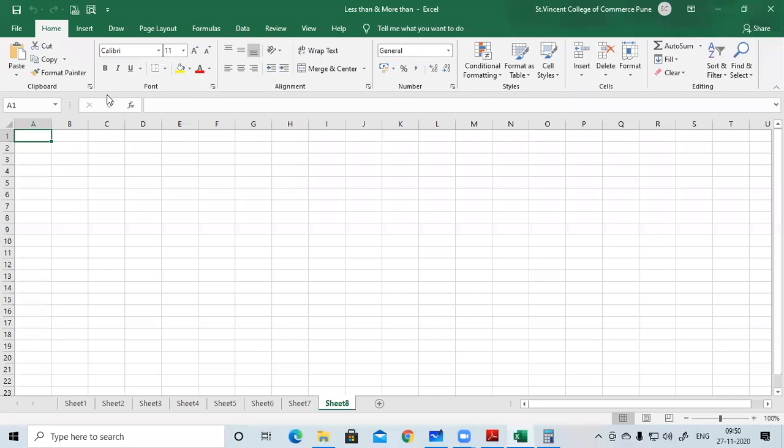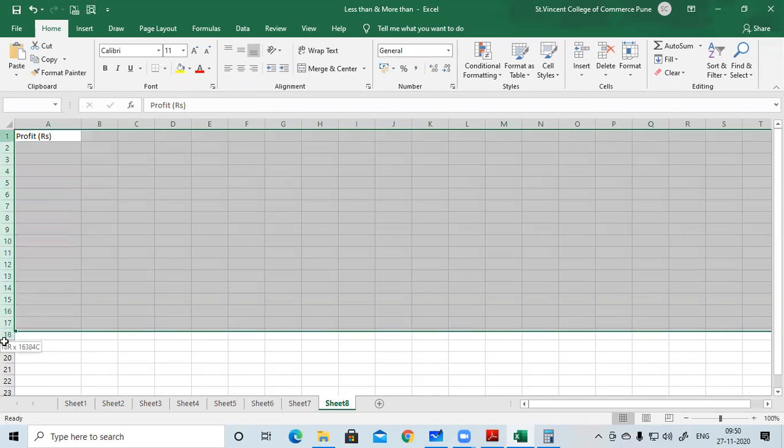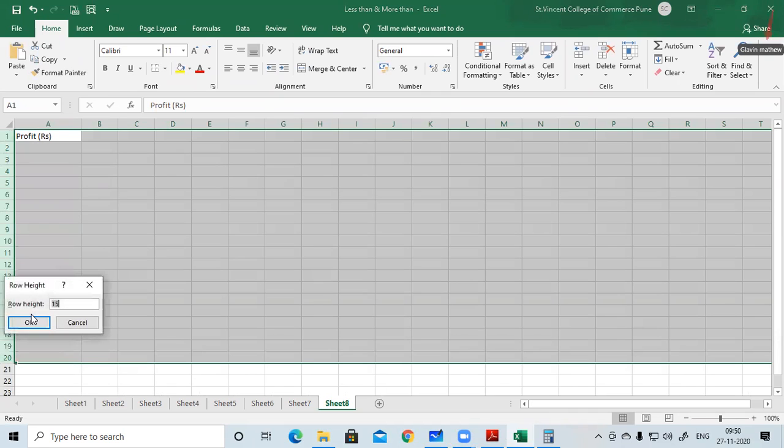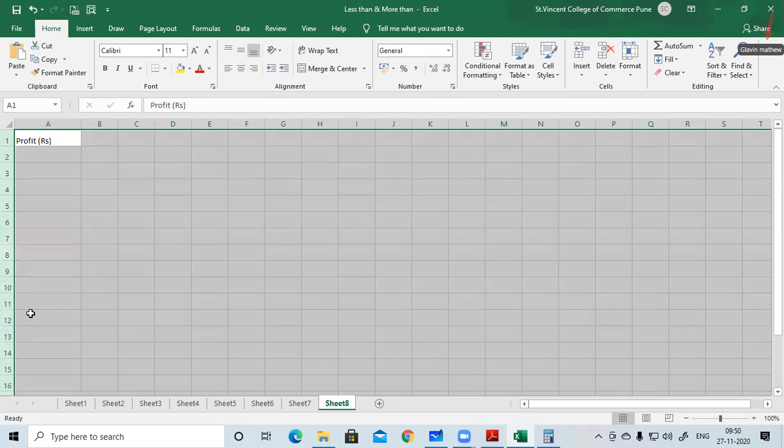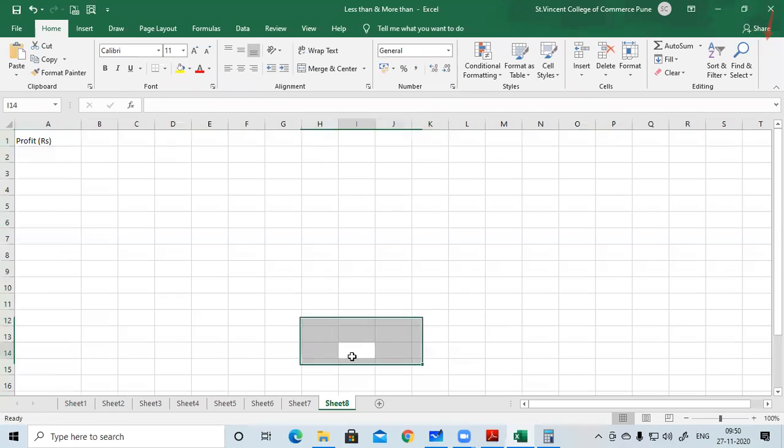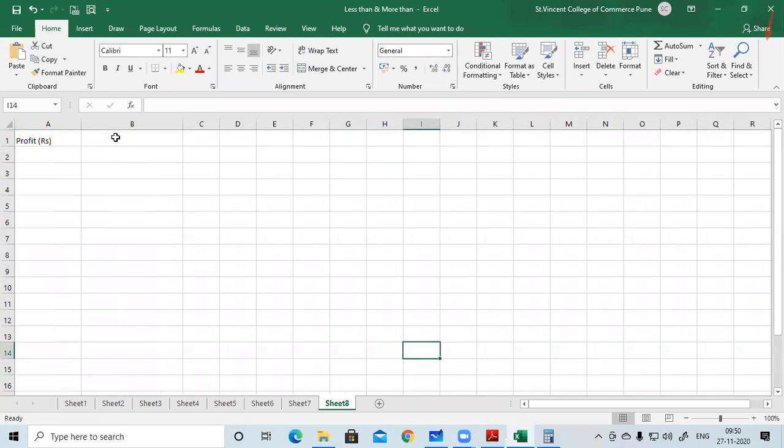So first write your details. Profit is given to us in rupees. This is your first column. And the second column is number of shops.